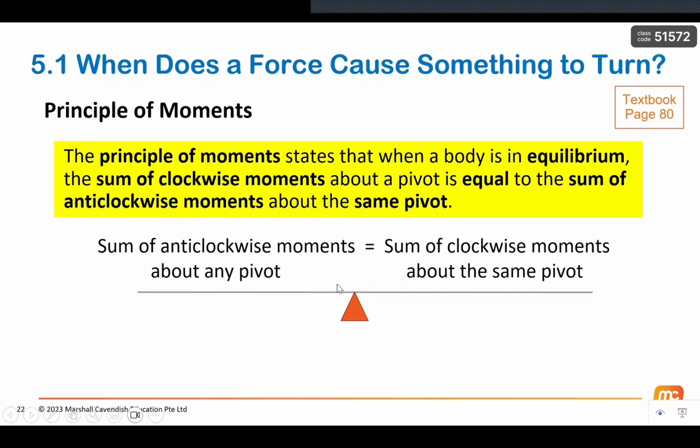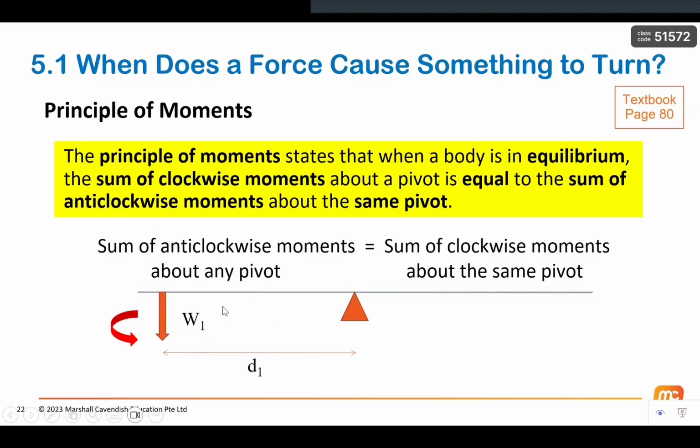So what do I mean by that? Let's look at this. Okay, so I have a force W1 over here exerted over a perpendicular distance D1 from the pivot. So over here, I have a moment, and this moment is the anti-clockwise moment. It causes this rod to rotate anti-clockwise. And then over here, I have another force. If I don't have any force, this rod will not be balanced because I will have a resultant anti-clockwise moment.